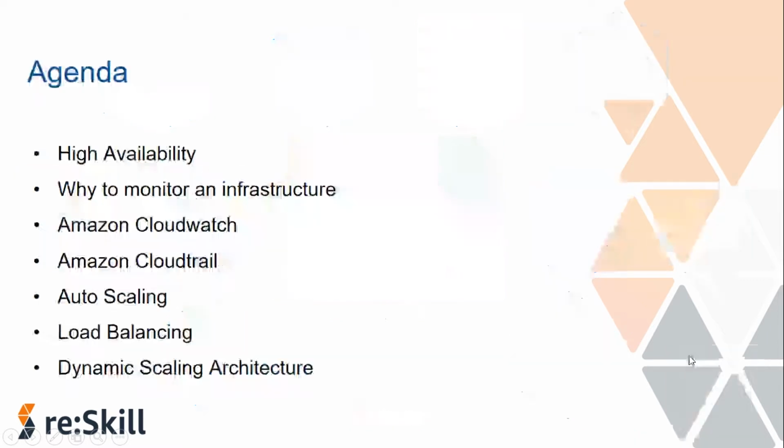Now, what are we gonna cover in this video? We'll talk about highly available architectures and the importance of high availability, and we'll see how we actually build high availability in an architecture, starting from why to monitor and how to monitor. So we'll discuss Amazon CloudWatch and Amazon CloudTrail.